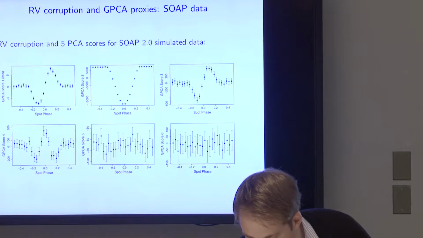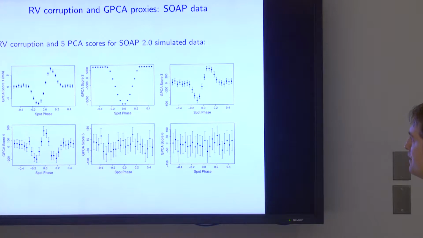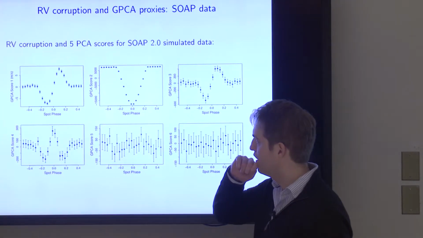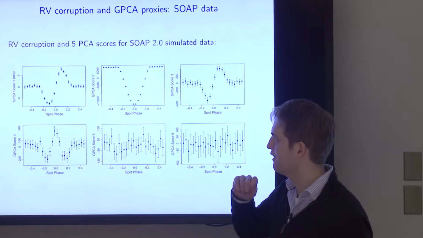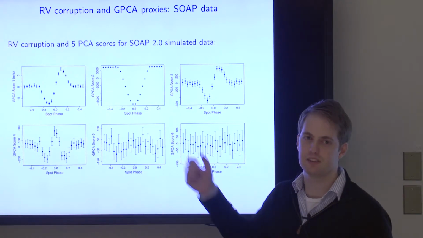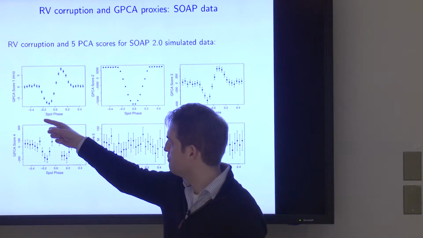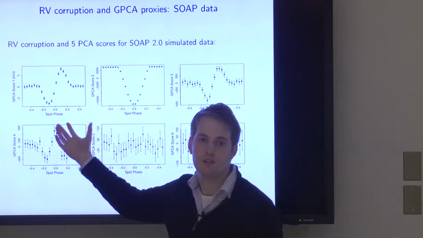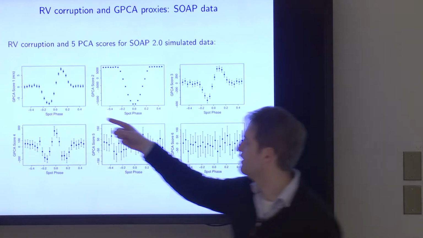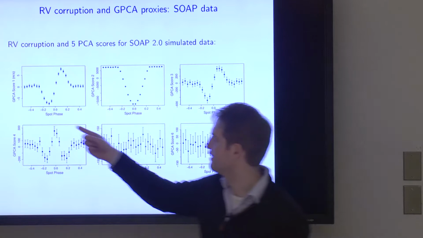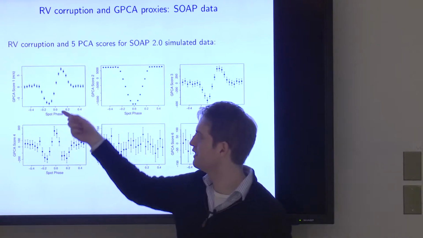So I think if I just show the plot, it will become a bit clearer. Our spectra, our data, can be expressed like this. There's some part that's the apparent radial velocity. This is actually in meters per second, due to the spot. And as the spot phase changes, then this signal changes.